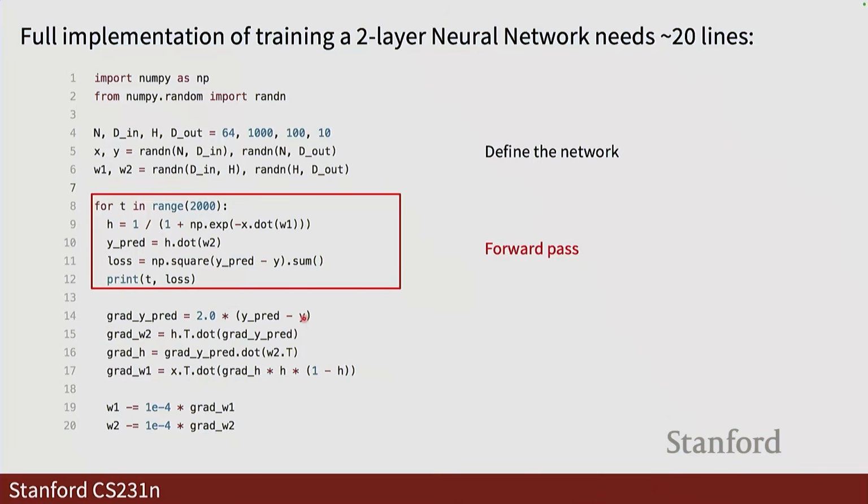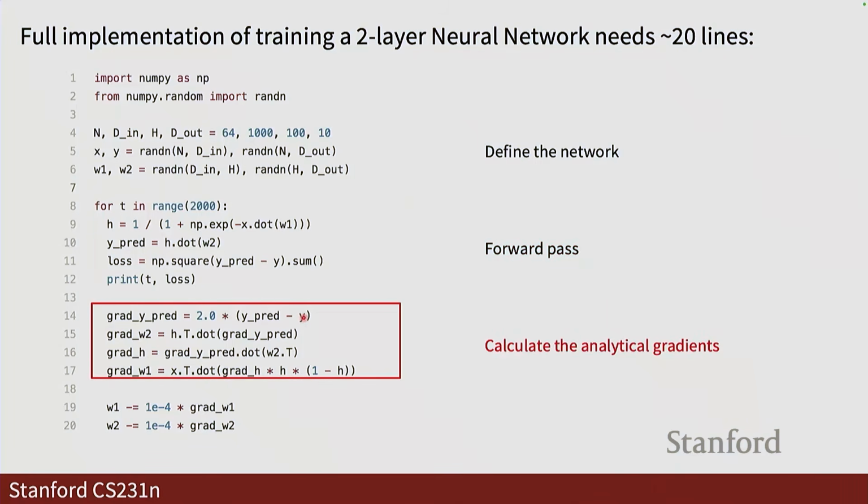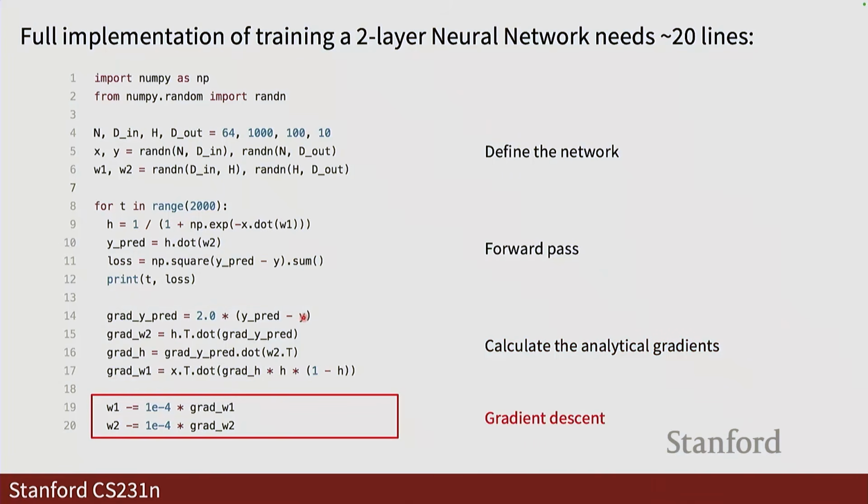After the forward pass, we need an optimization process, a way to calculate the analytical gradients and use those gradients to run gradient descent to optimize W1 and W2, basically taking one step towards the optimal value of the network.